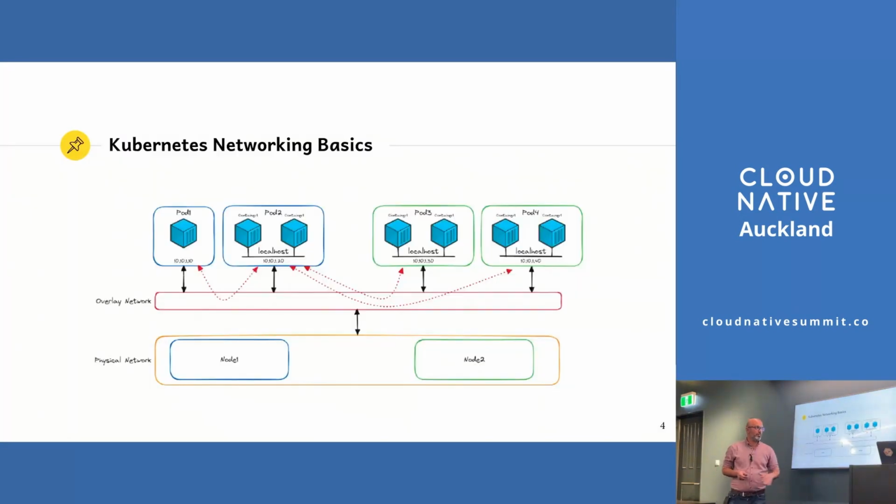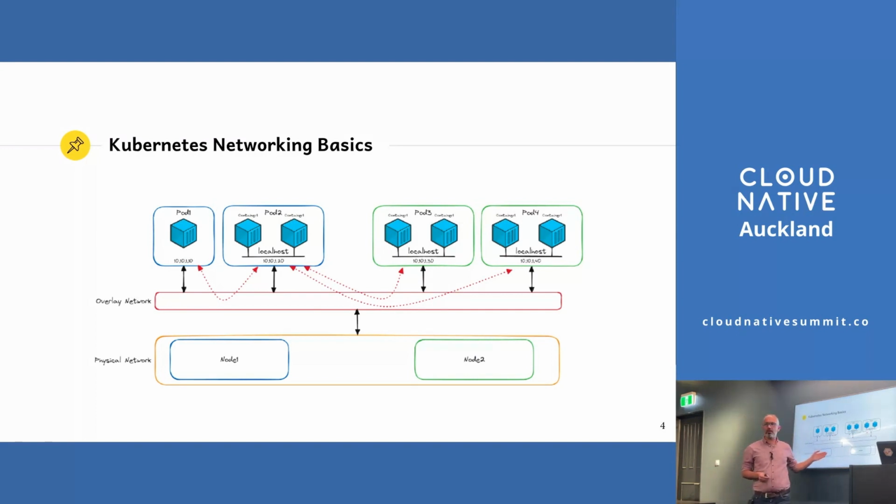So this is just a basic diagram to show you the ideas that I was just talking about. This is the physical network, right? And these are the nodes. In this diagram, we have 4 pods. These 2 pods are running on this node, and these 2 pods are running on node 1. These 2 nodes could be in the same data center, or in different data centers.